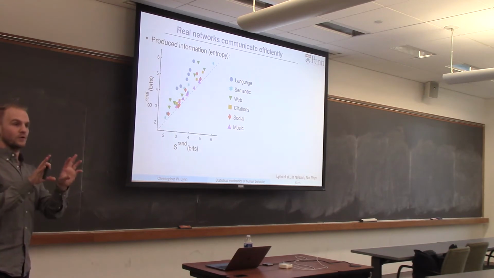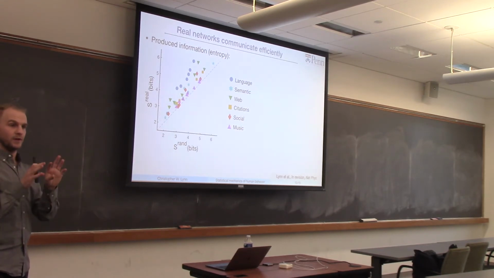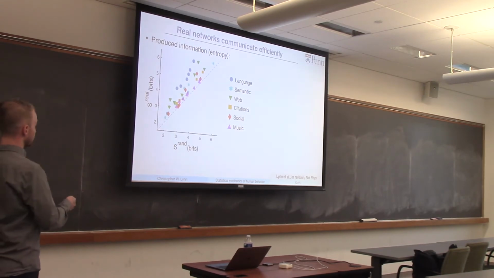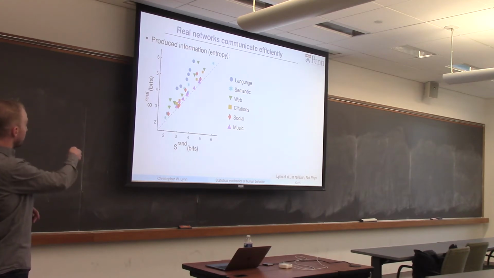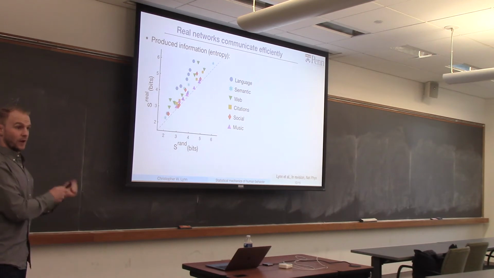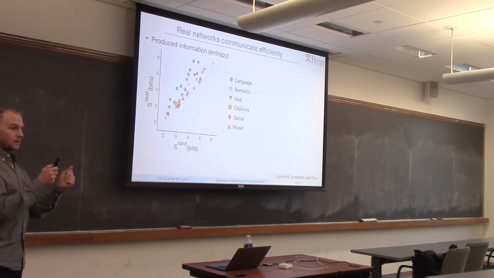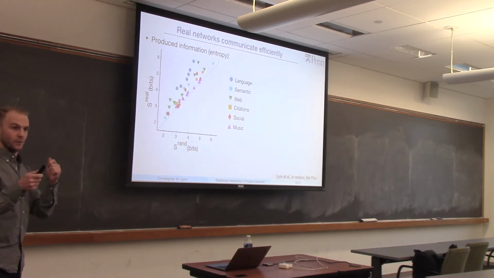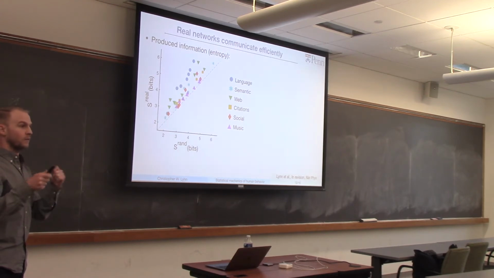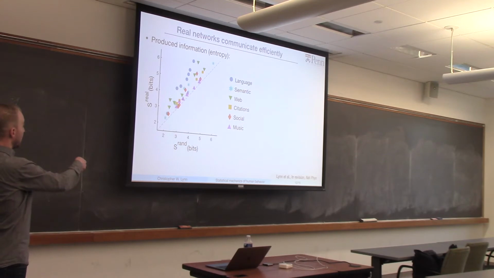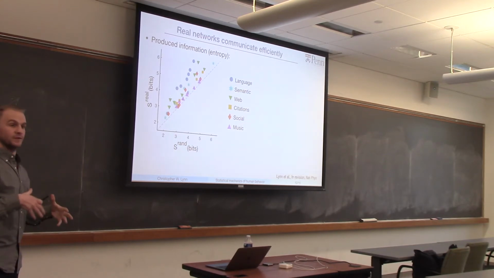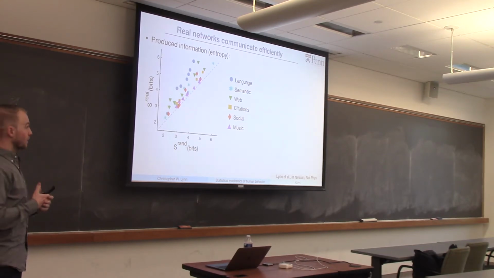So here, let's first focus on produced information, or just the entropy of random walks on these networks. What I'm plotting here on the y-axis is the entropy of the real network. And then for each network, we randomize its structure. We just generate a random network with the same number of nodes and edges, and then we calculate the same thing. How much information is this random network producing?